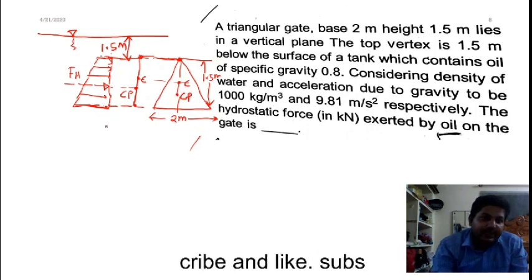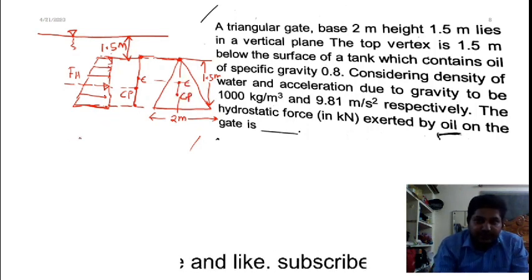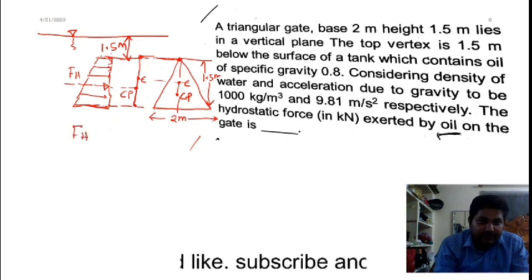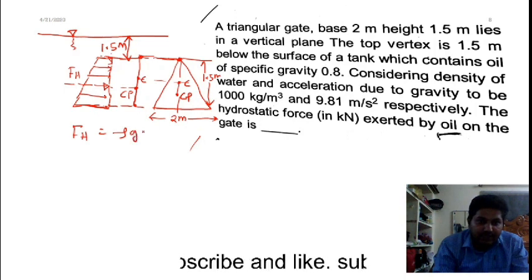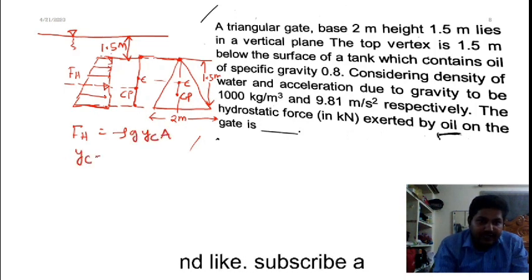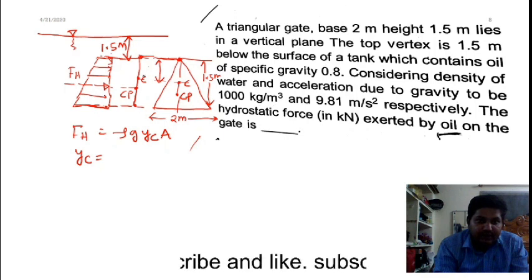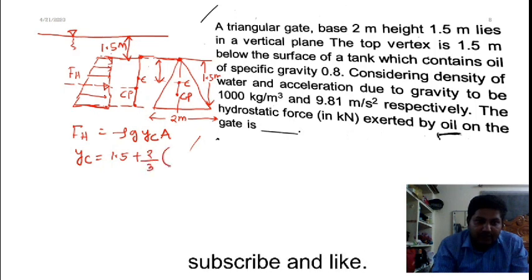Now I want to find out the hydrostatic force acting on this triangular gate. This is rho g yc into A. So this yc I can find out. This is 1.5 plus 2 by 3 times of this 1.5 meter.